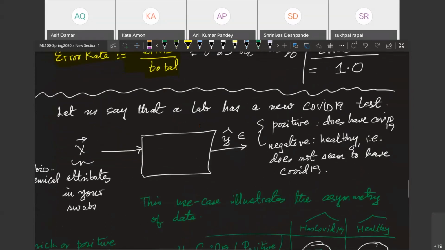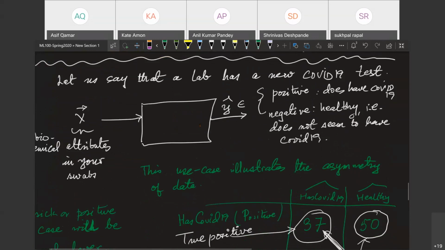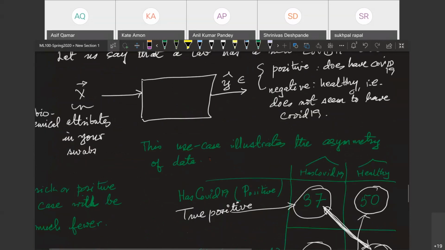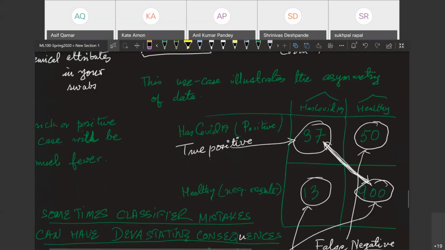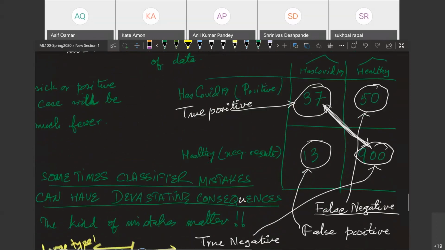Now let's take a situation in which data is skewed, highly asymmetric. The sick are few and the healthy are many, for example, in a medical situation. We took the example of COVID-19 here. You can have a lot of people, and I just cooked up this data because I came to know that there were close to 100,000 cases tested in Fremont.